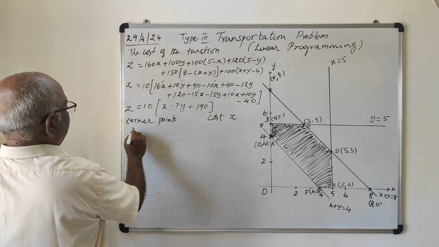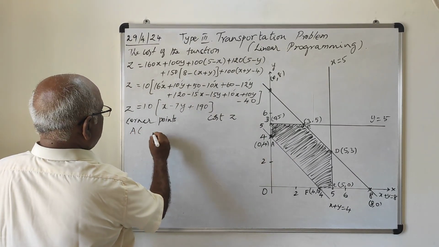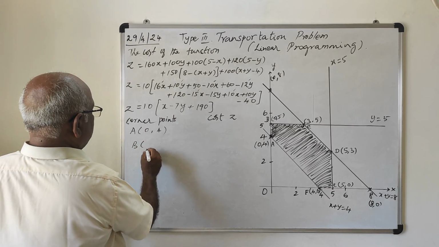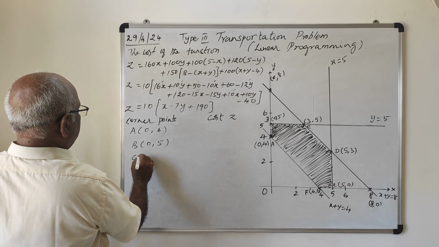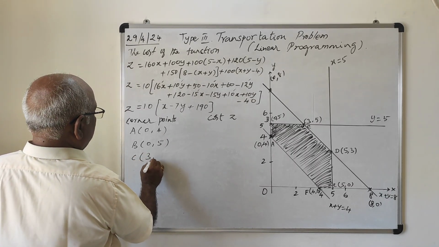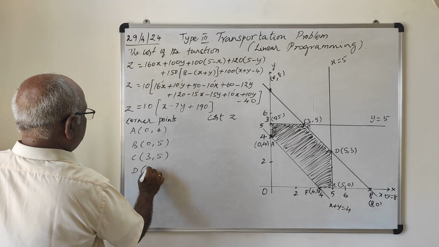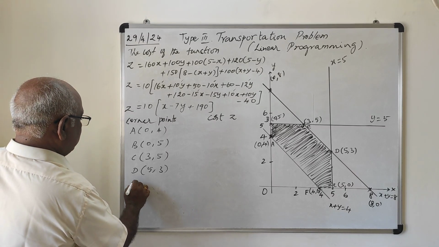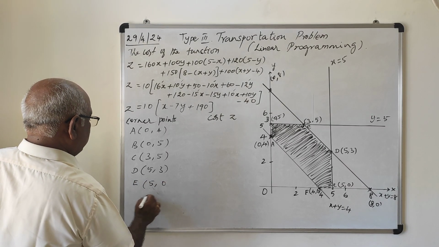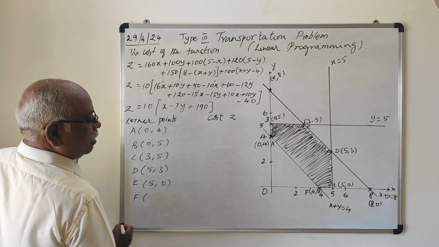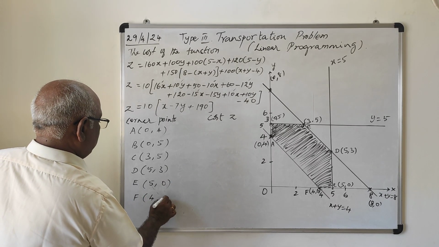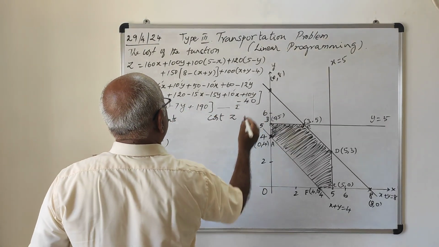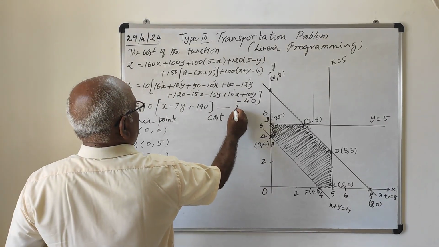Corner point A is (0,4), B (0,5), C (3,5), D (5,3), E (5,0), F (4,0). At these corner points, we have to find the value of Z by substituting in the equation.